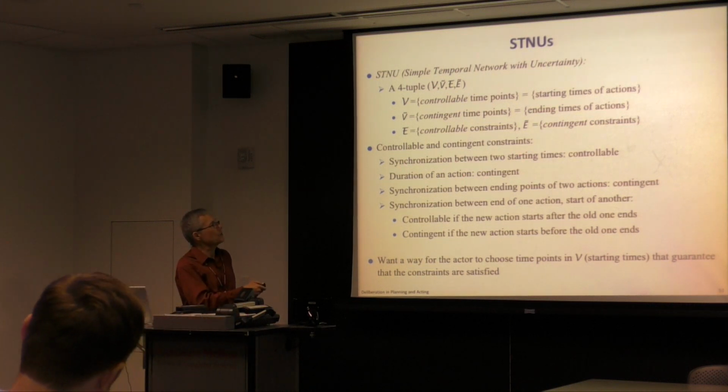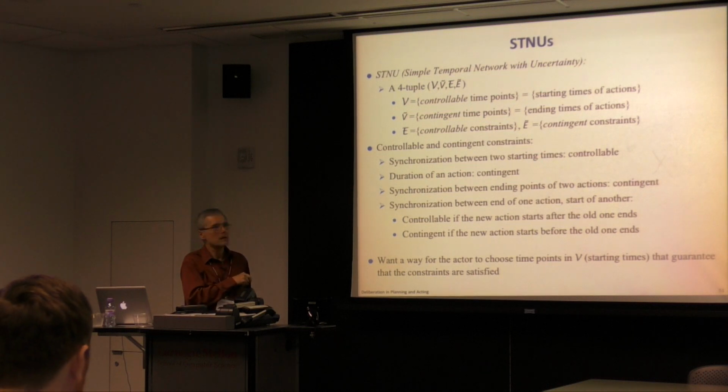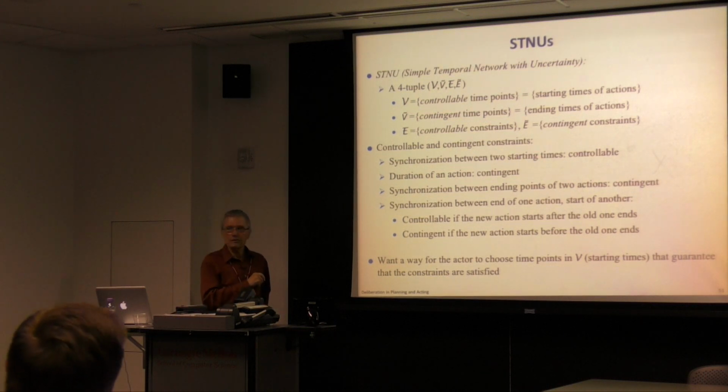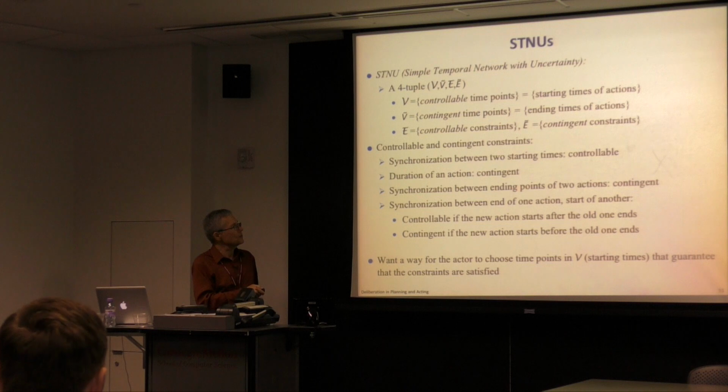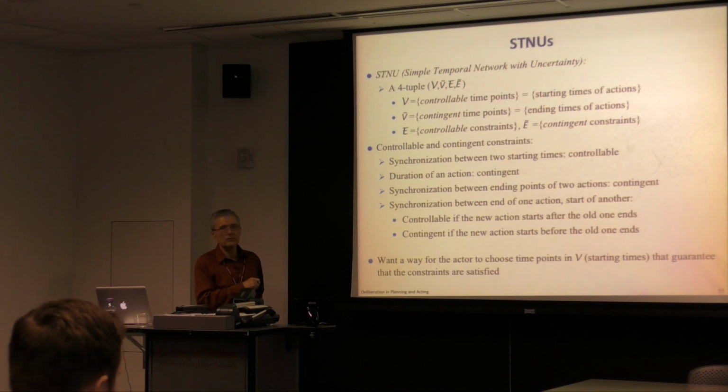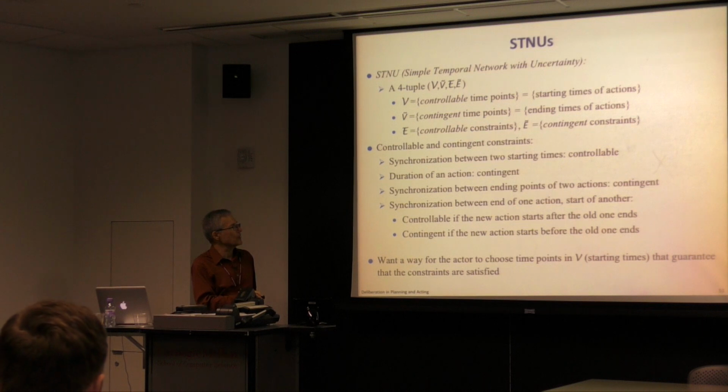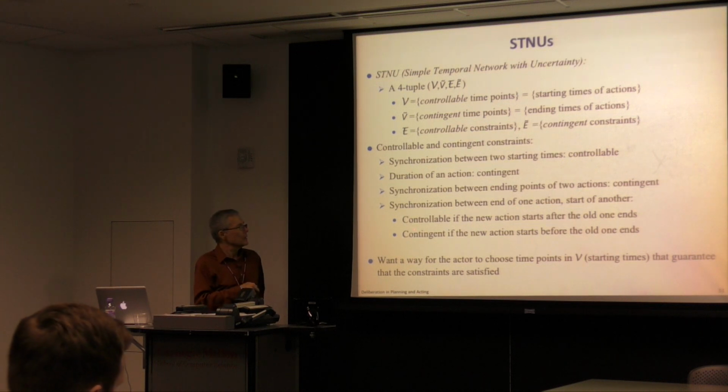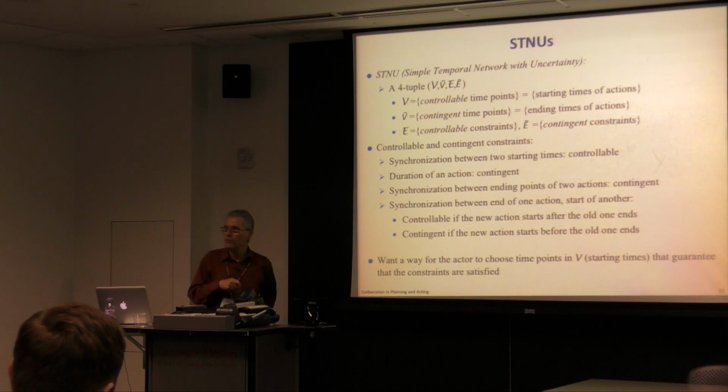The synchronization between two starting times is controllable, all right? The duration of an action is contingent. The synchronization between the ending points of two actions is contingent. The synchronization between the ending point of one action and the start of another is going to be controllable if the new action starts after the old one ends, or it's going to be contingent if the new action starts before the old one ends.